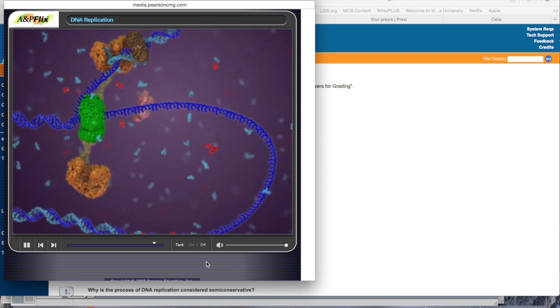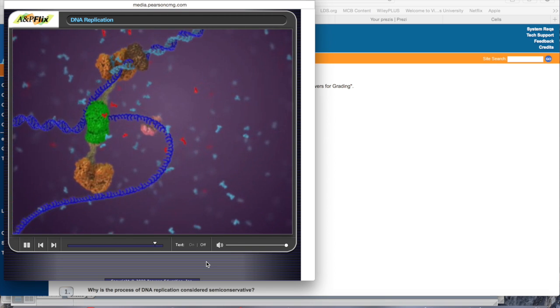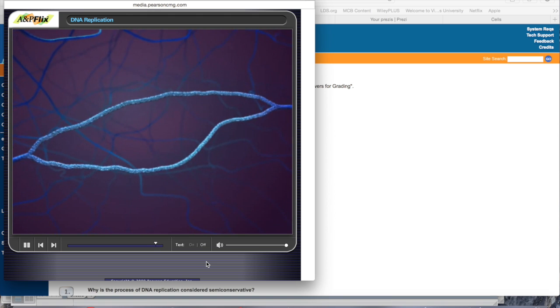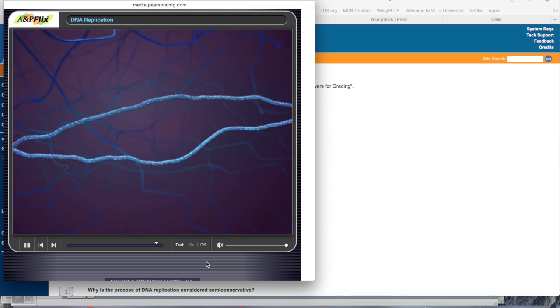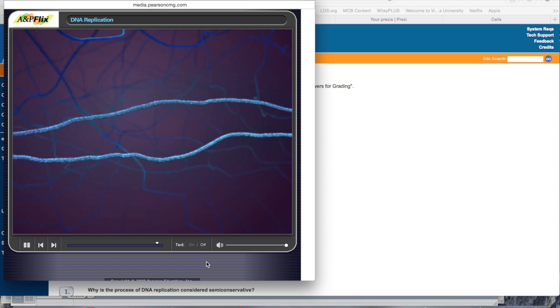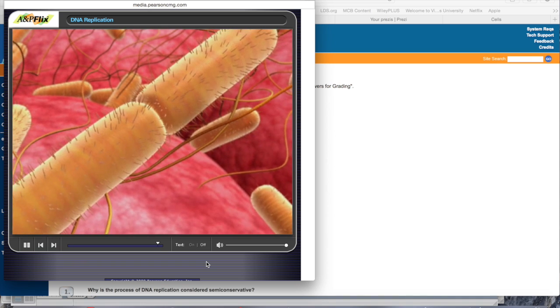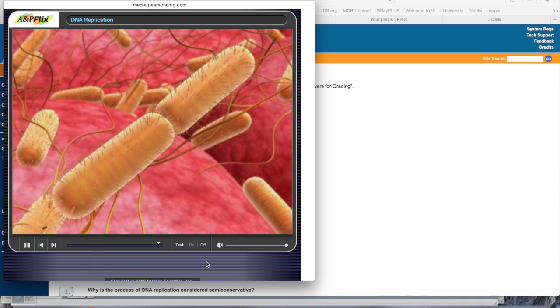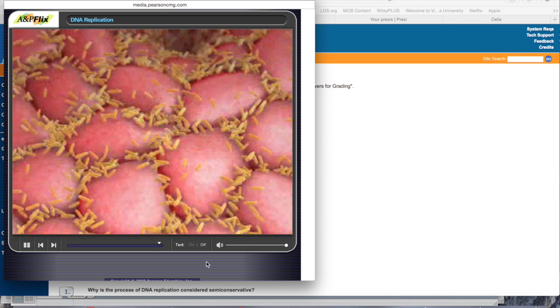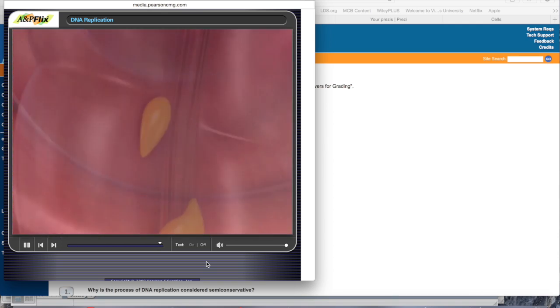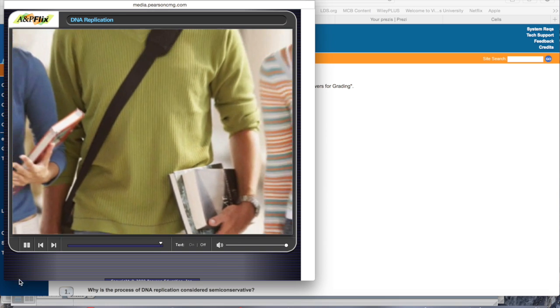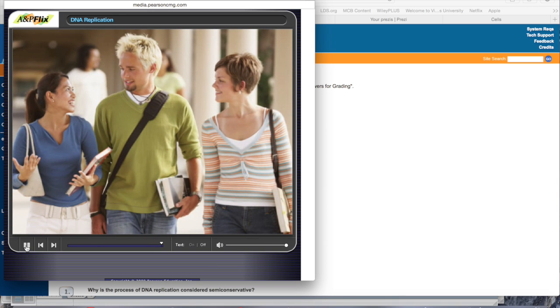Growth of the leading and lagging strands continues at both replication forks until there are two identical, double-stranded DNA molecules. Although bacteria are very different from humans, the process of DNA replication in bacteria is similar to what happens in your own cells.